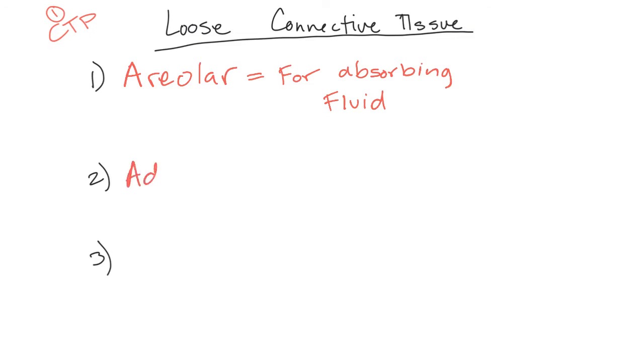So adipose tissue, right? We just talked about adipocytes, which are the cells filled with lipids. You combine those together, they make adipose. So this is fat storage. There's two kinds of adipose tissue.